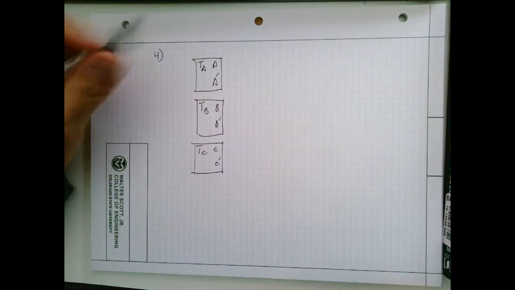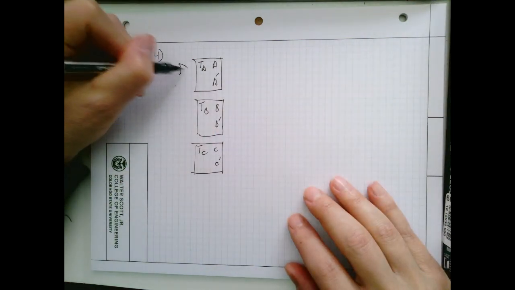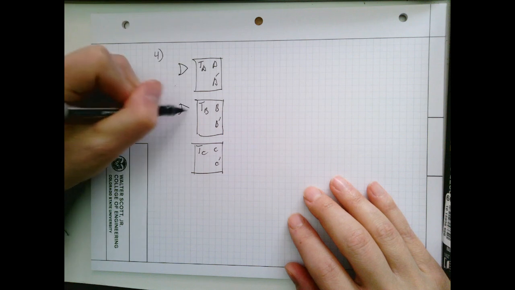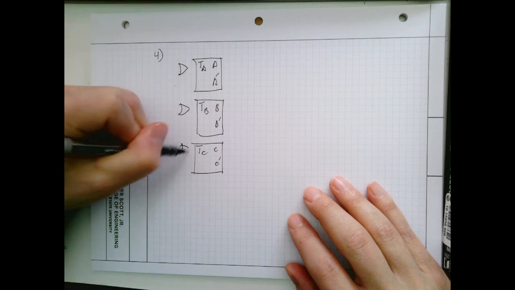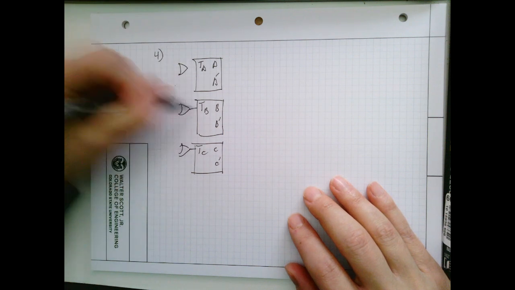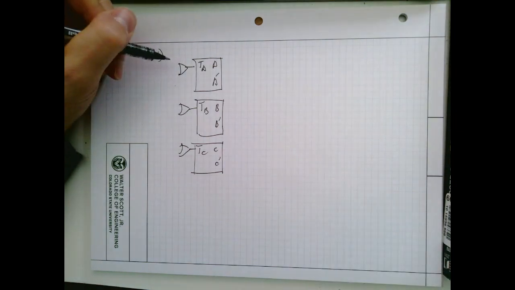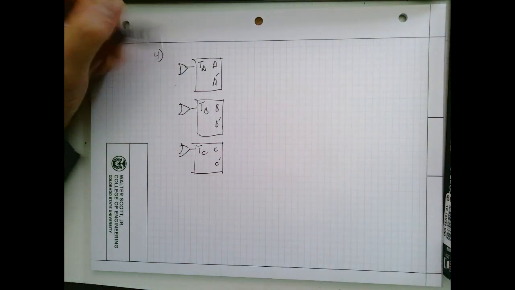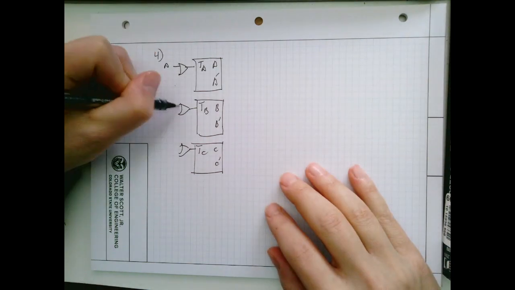T sub A has an inclusive OR input, and A goes in on one side.